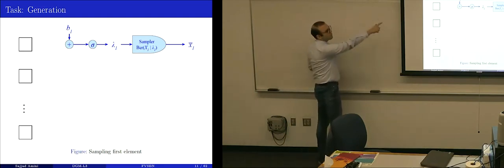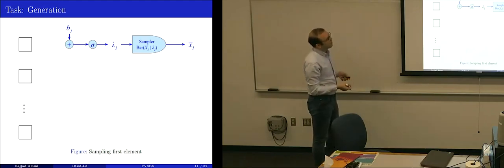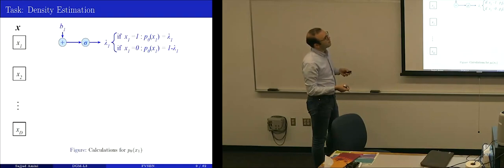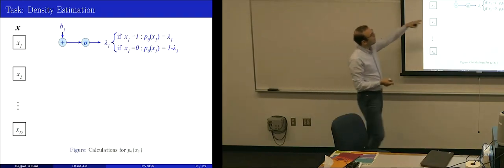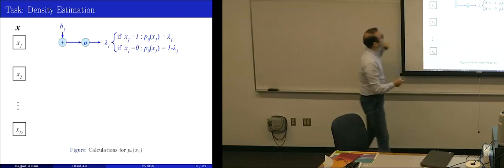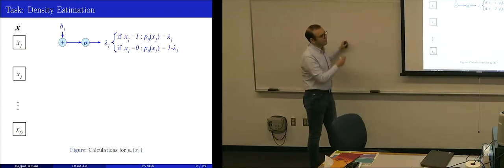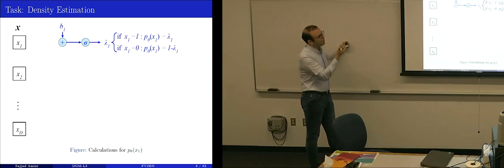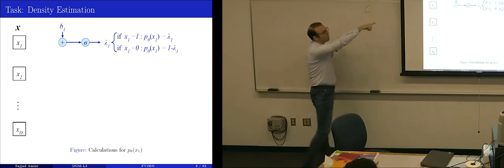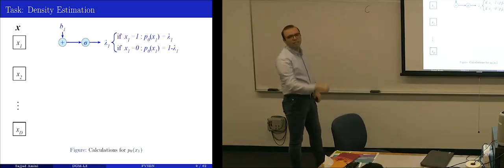For example, let's focus on the density estimation task. Assume that instead of a binary variable, this x1 is a categorical random variable with, let's say, C different categories. What should we change?